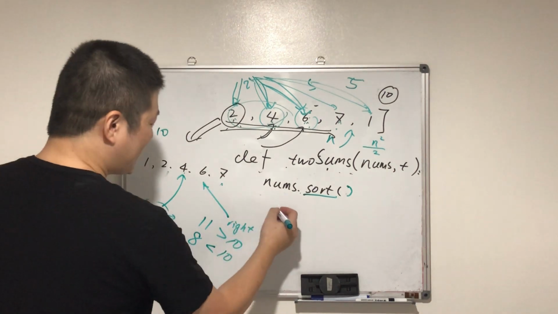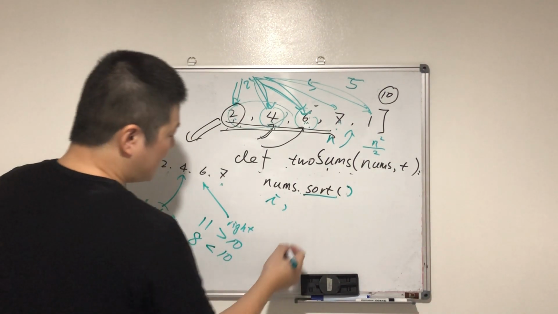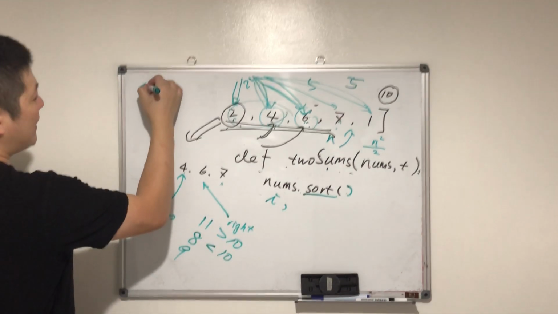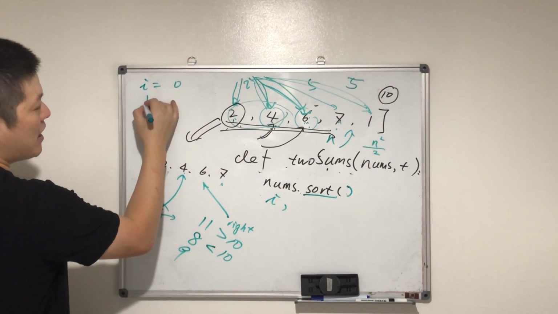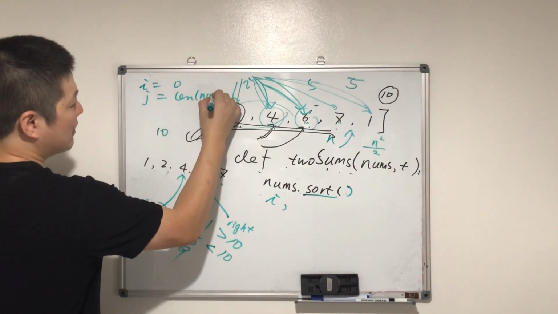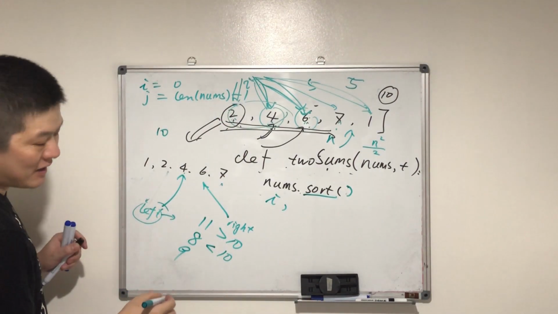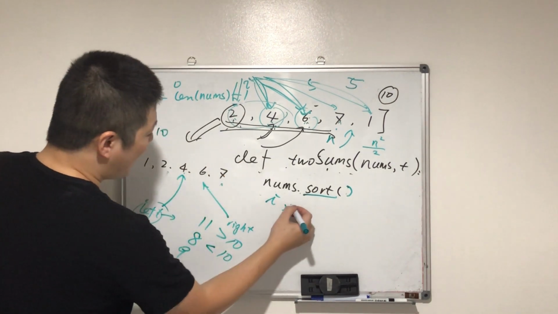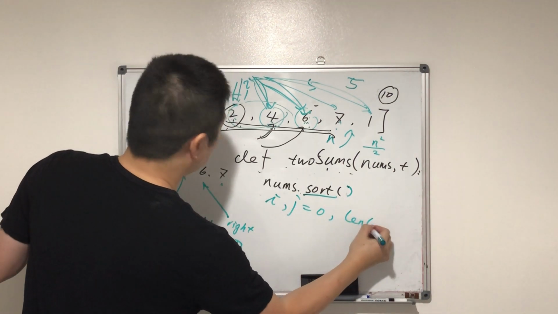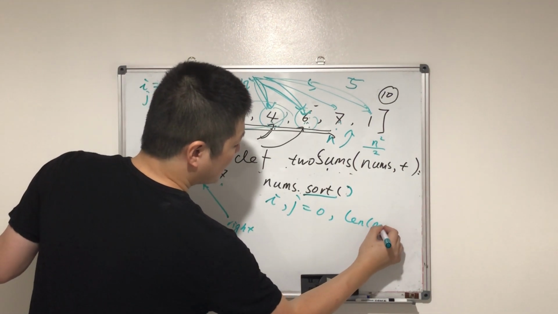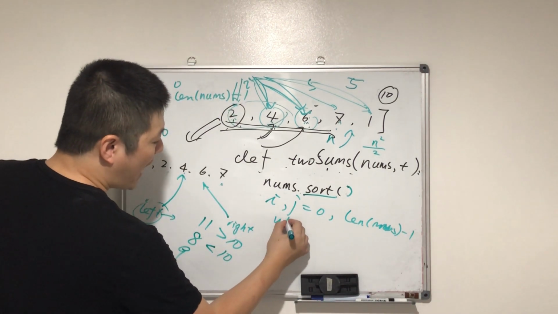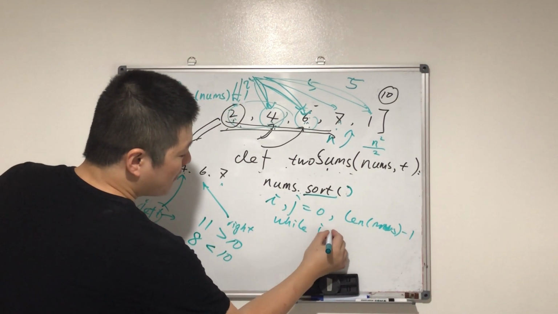So how do we do it? Actually, you can write i equals 0, j equals len(nums) minus 1, and you can write it in one line. i, j equals 0, len(nums) minus 1. And what should we do while i and j are not meeting in the middle?